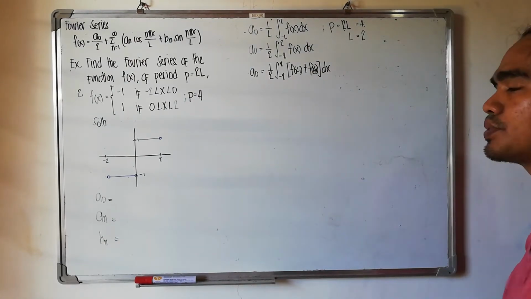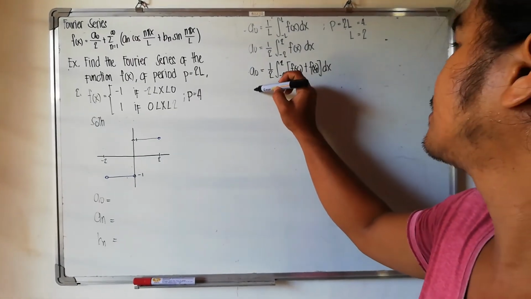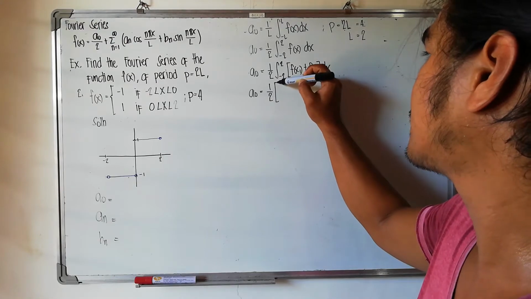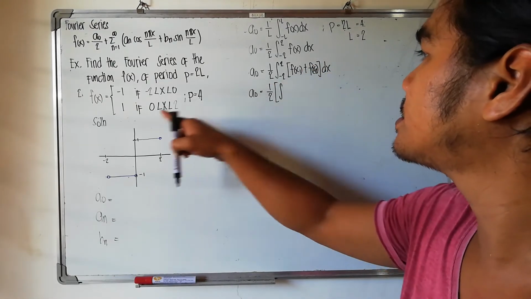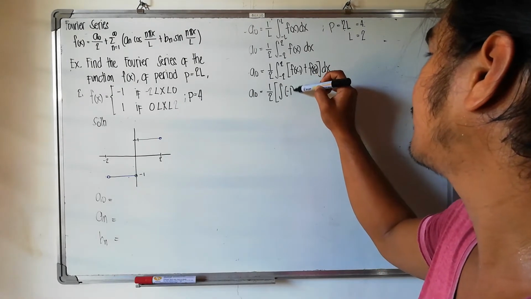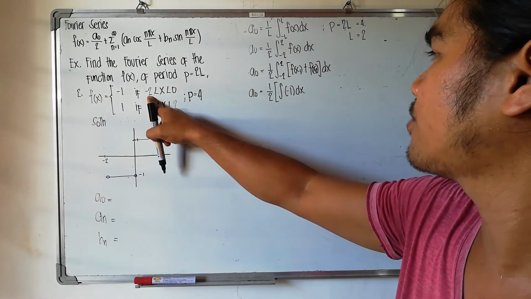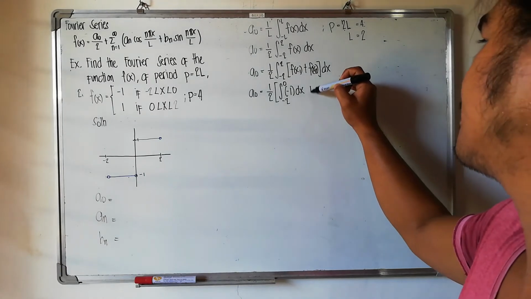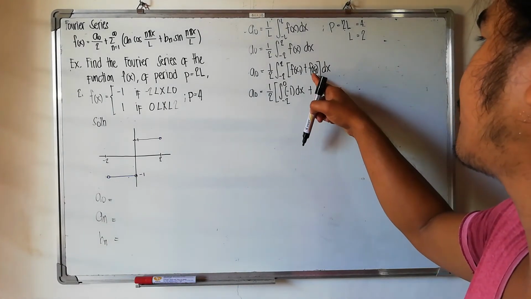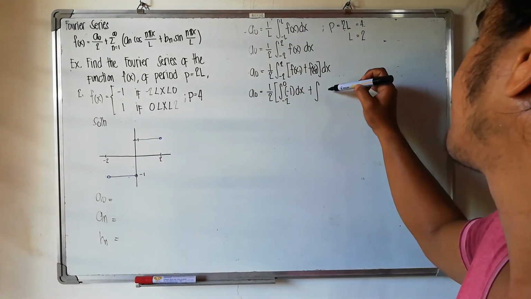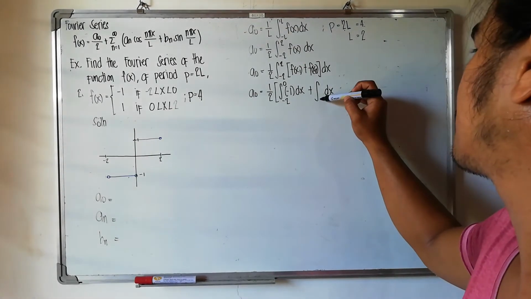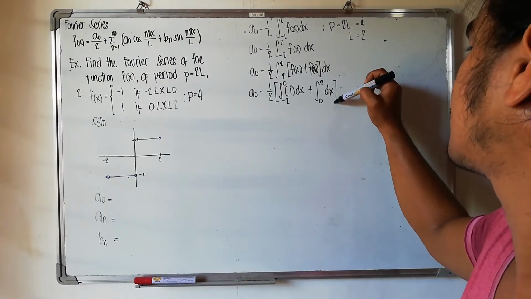But function 1 and function 2 have different limits. So a sub o would be equal to 1/2 times the integral of f of x sub 1, which is equal to -1, so that will be -1 dx, with a limit of -2 to 0, plus the integral of f of x sub 2, so that will be +1, or simply dx, with its limit from 0 to 2.